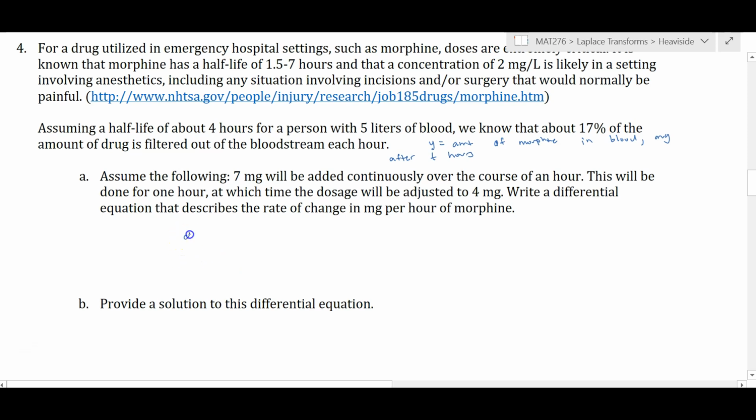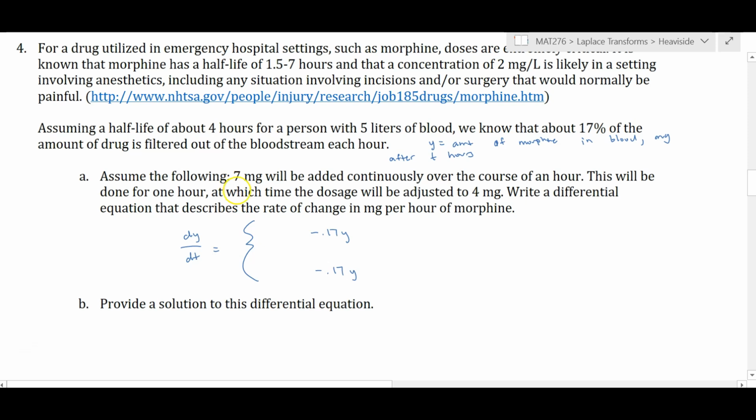And so what we know is that at all times, and I'm going to write a piecewise function because we know that the infusion rate changes, there's always going to be an exiting, if you will, of 17% of the amount of morphine in the bloodstream each hour. So that is in units of y over units of t. That is in milligrams per hour. That's what's leaving the bloodstream no matter what you give it.